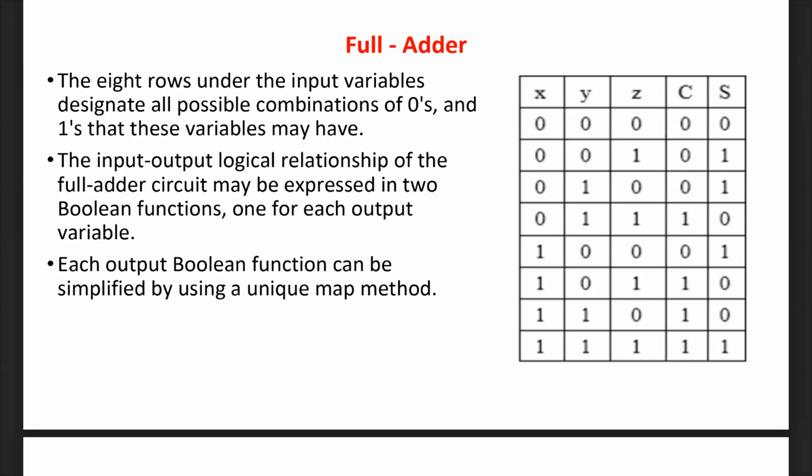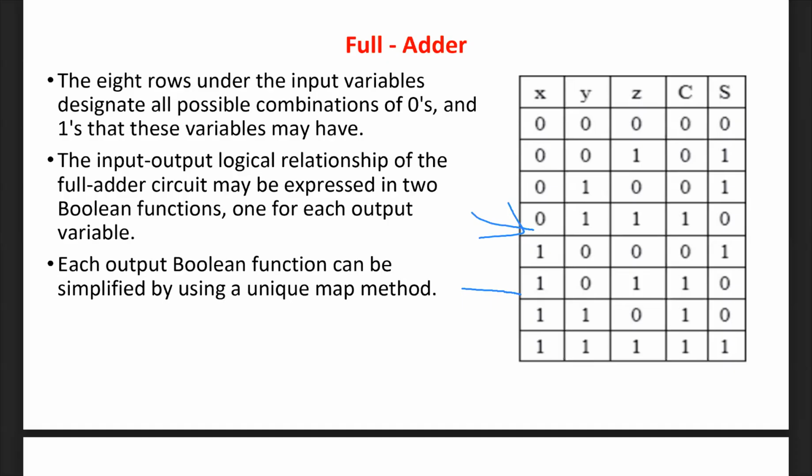Then I have 1 plus 0 plus 0, so the sum is 1, carry is 0. Again in the sixth row, I have 1 plus 0 plus 1, so 1 plus 1 is sum 0, carry 1.